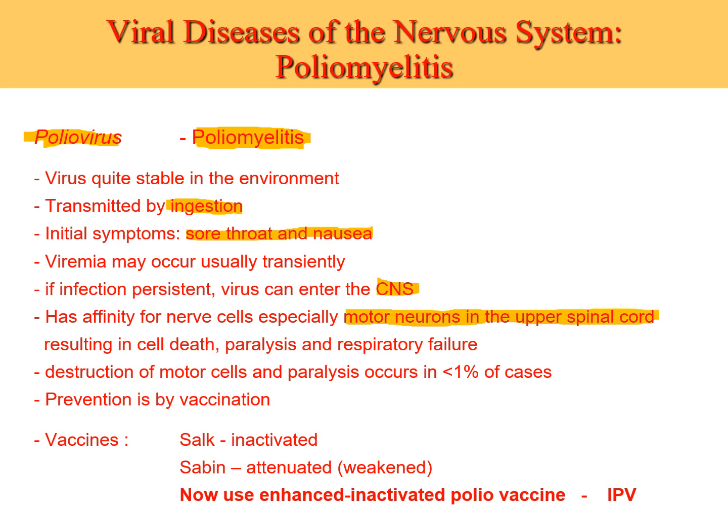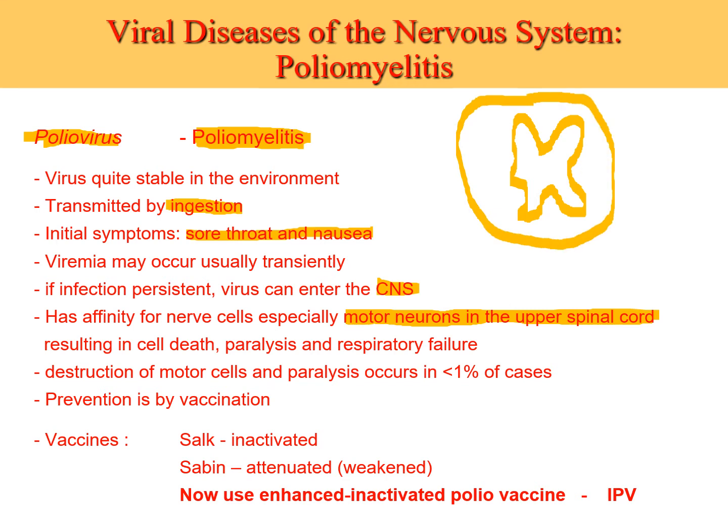So you get motor neurons. I remind you that if you look at a cross section of the spinal cord, where this is the gray matter surrounded by white, this is the dorsal horn, and this is the ventral horn, and it's in this area of the ventral horn that you have the motor neuron cell bodies, and it is in this area here that you get the virus infecting the cells, resulting in cell death and paralysis.